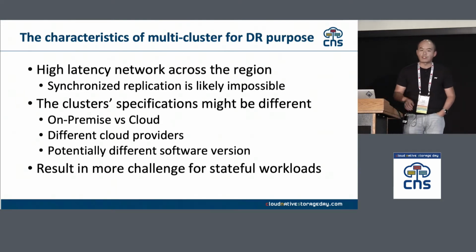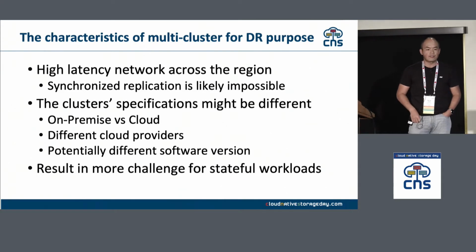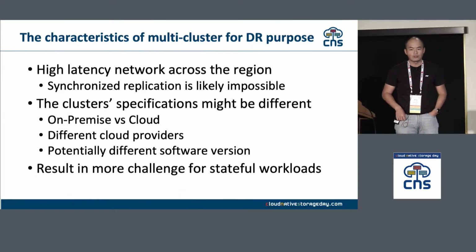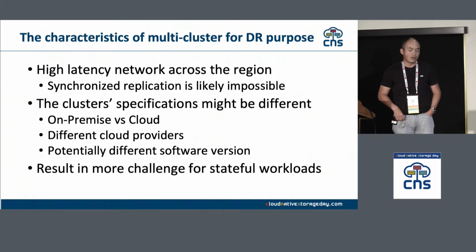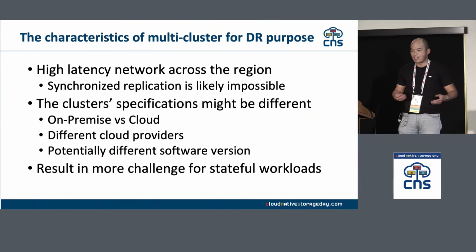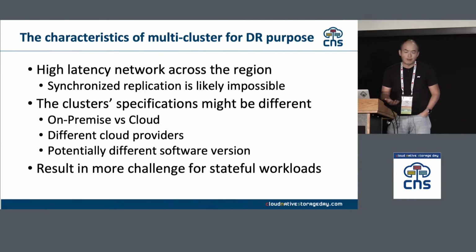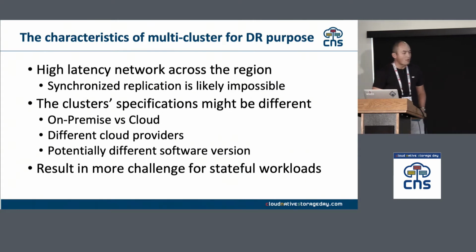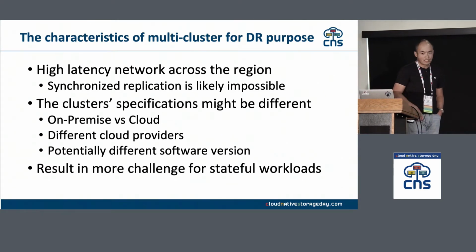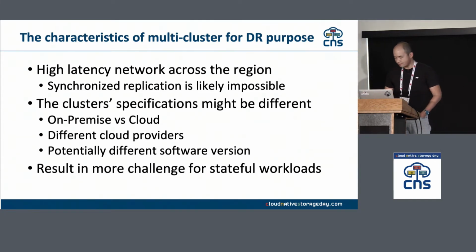Of course, they're all running Kubernetes, and from the application they don't really feel the difference. But from the operation point of view, if you are using different infrastructure to support your Kubernetes, you're going to have problems just saying that we should use this backup cluster, which is probably going to have a different storage system than the main cluster, and the data migration will be a problem. So all of this results in a more challenging environment, especially for the stateful workload, because the data is not easily moved.